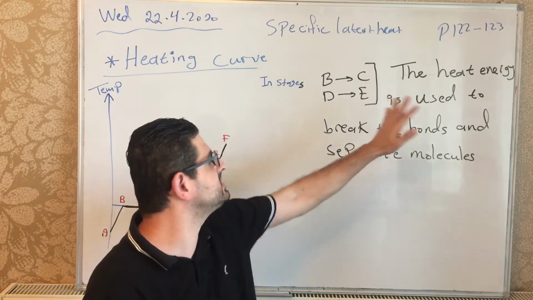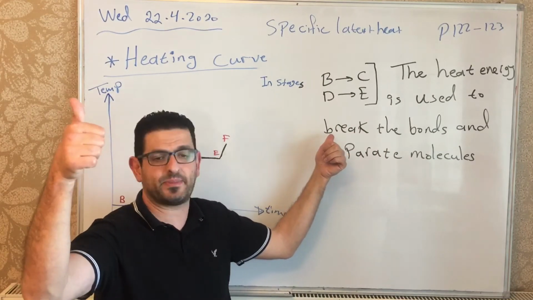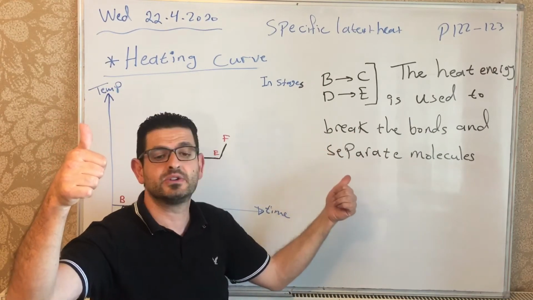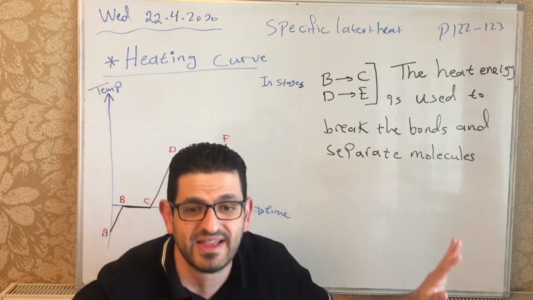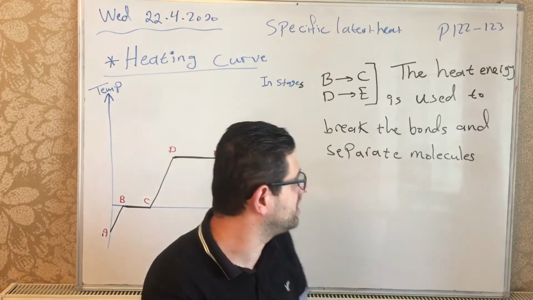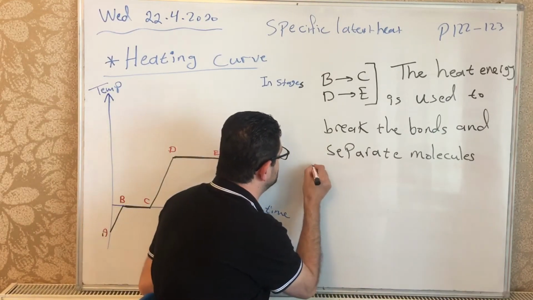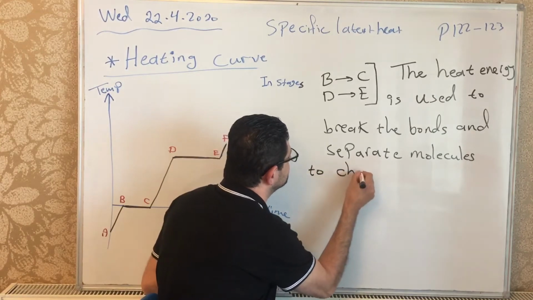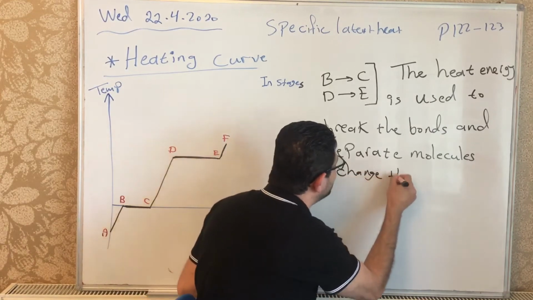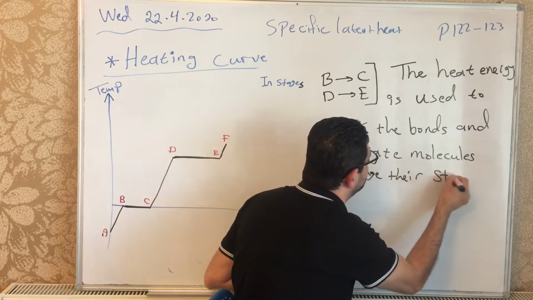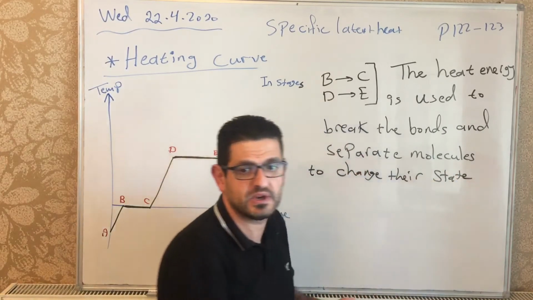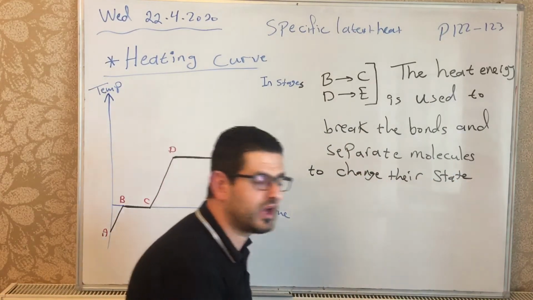So if I ask you to explain what happens to the heat energy, you have to mention that the heat energy is used first to break the bonds, second to separate the molecules, but this is not an enough answer. You have to continue: to change their state.